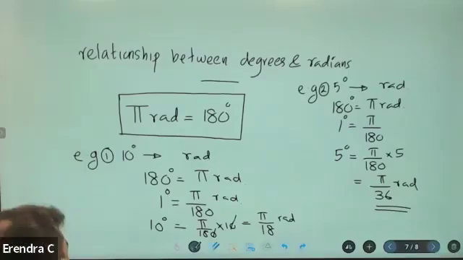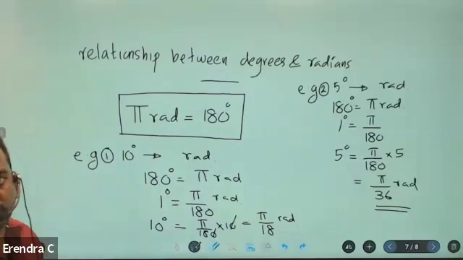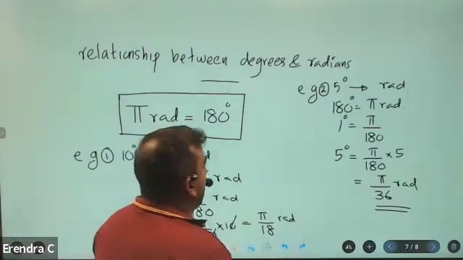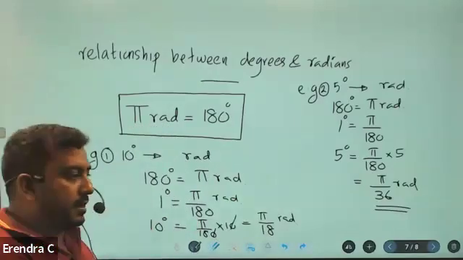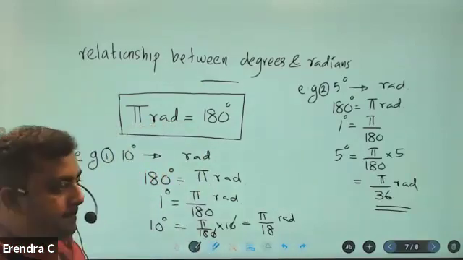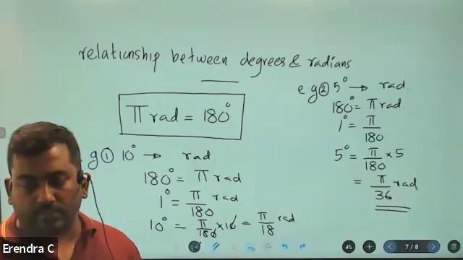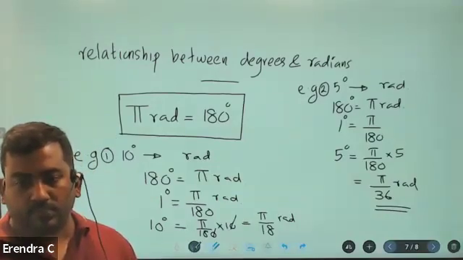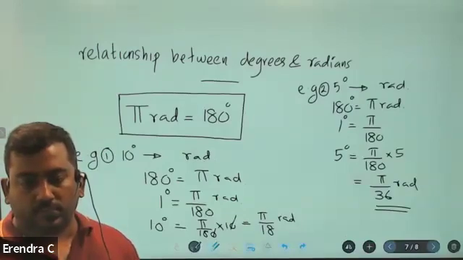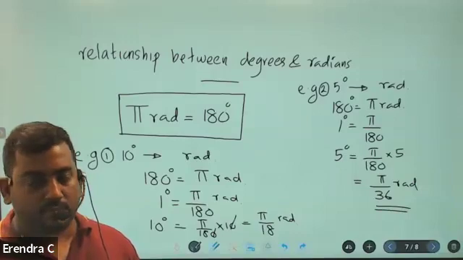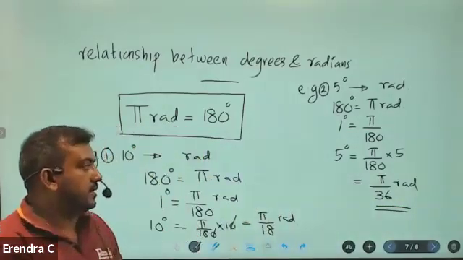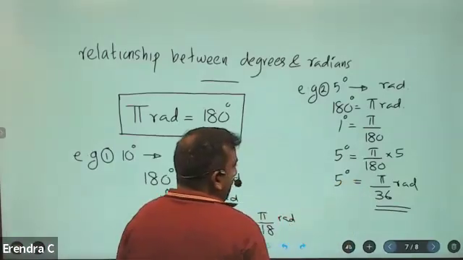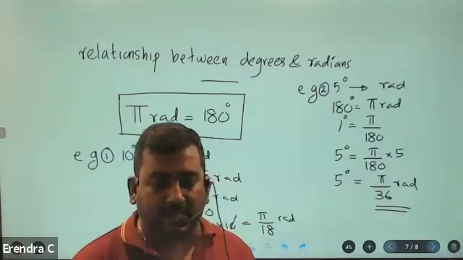Put the units, radian. So 5 degrees equals pi over 36 radian.